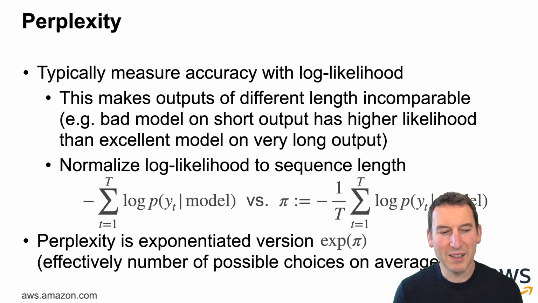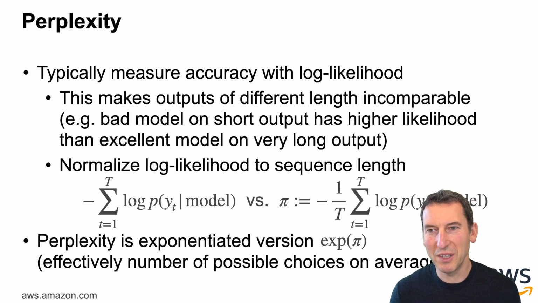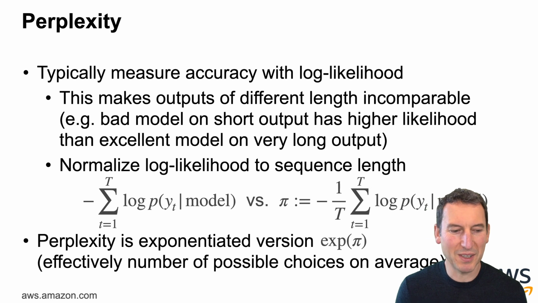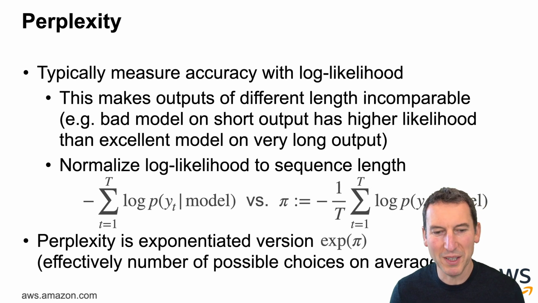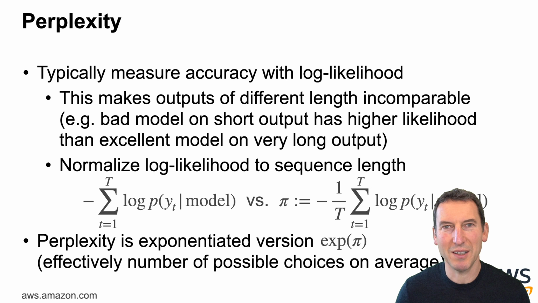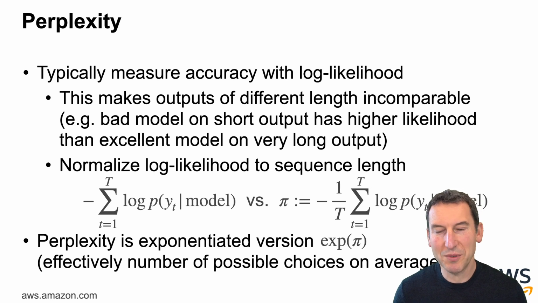That would be like asking, what's the compression ratio that my model gives me for the data relative to what the model predicts? So if I, for instance, have a length normalized log likelihood of maybe 2 bits, that just means on average I have a surprise of 2 bits per character that I encounter.